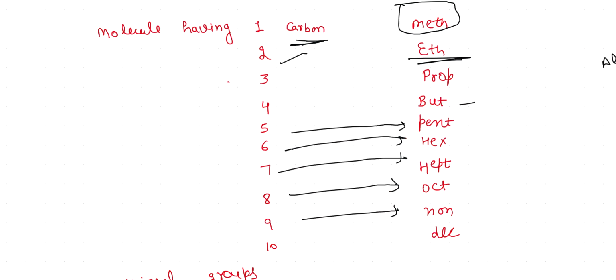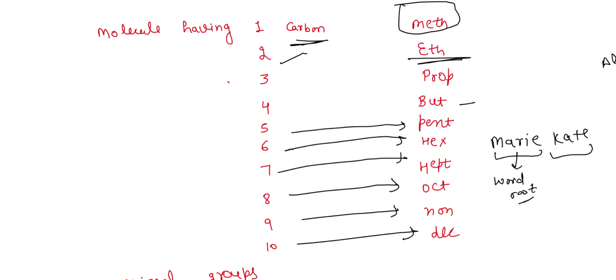So these are the word roots used to represent the naming of the compounds, as everybody has a different name, such as Mary Kate. Clear? So Mary is the word root given to a particular person, and Kate is its surname that is also known as suffix.